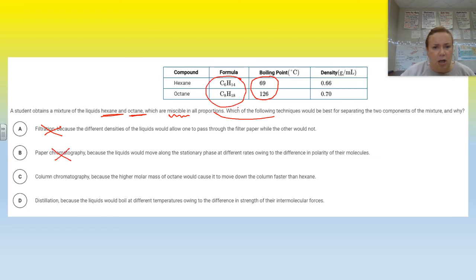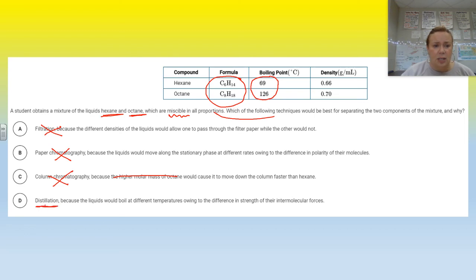We've basically got carbon chains, so they're both going to be nonpolar. It's going to be hard to know which is which. Column chromatography, again, has nothing to do with the molar mass. It has everything to do with polarity and the ability to get through a stationary phase.